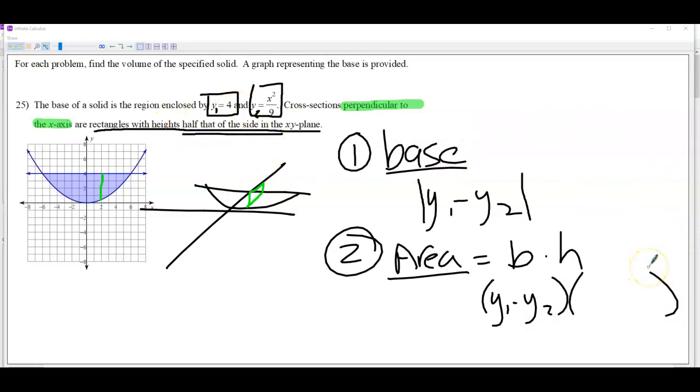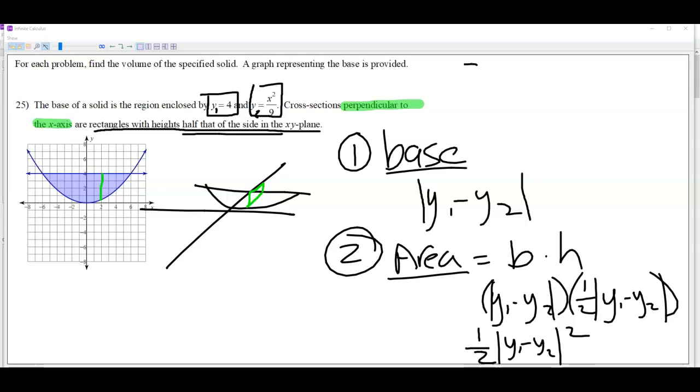So it's going to be half of y1 and y2. Left my absolute value bars off there. So my height is the same thing as the base, just with a half in front of it. And so when you simplify this, you end up with 1/2 absolute value of y1 minus y2 squared. Okay? And so there's your area.